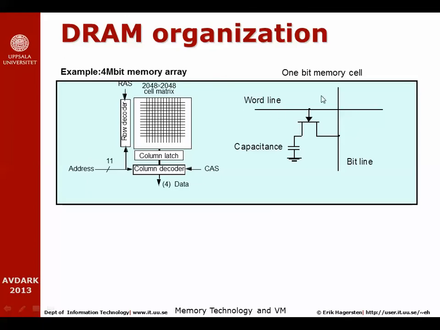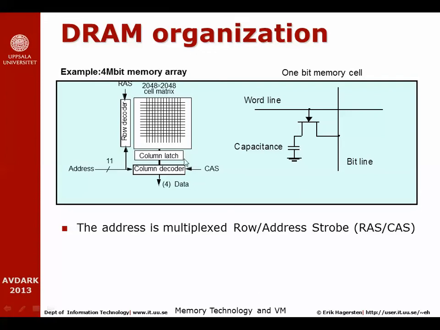So we see one such intersection here. We have the word line, and we have the column line here. And in the intersection, we have a single transistor, which is tied to a capacitor. And in this capacitor, you can store some charge. If charge is stored there, that may mean that it's storing a 1. And if there is no charge stored there, then that could mean that it's storing a 0.